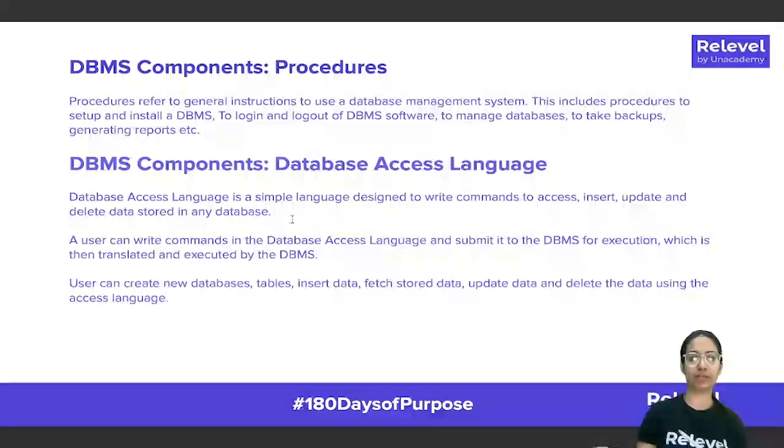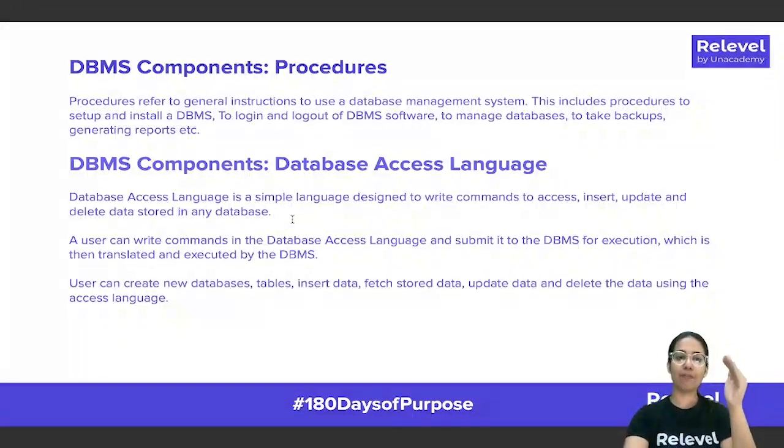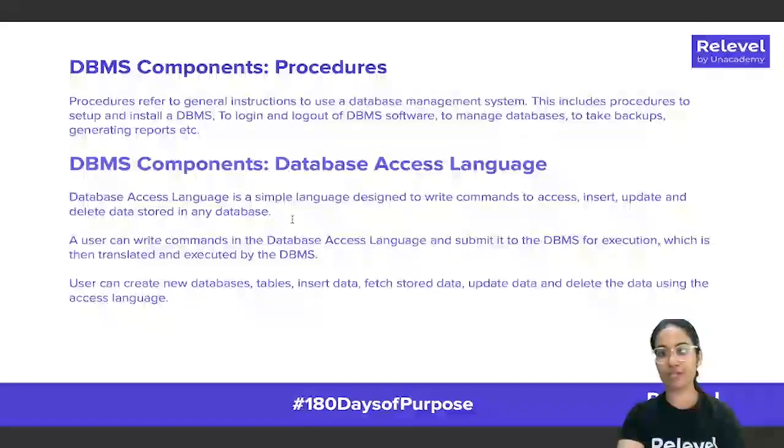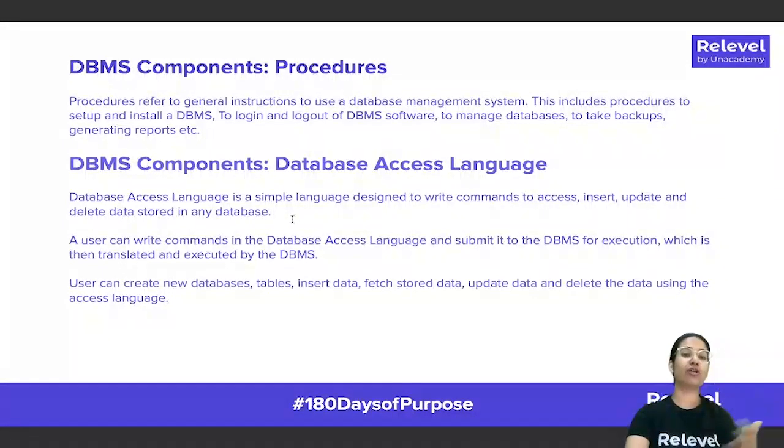When you're working in a company, you have some database management system you are using, so you want to be able to fully, completely and correctly install the software. There are particular steps, a particular procedure and tasks that you have to perform to install a database management system. There are particular steps defined to log in and log out of the software based on your user access.